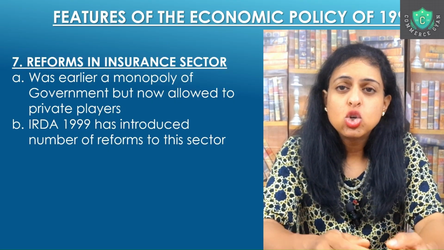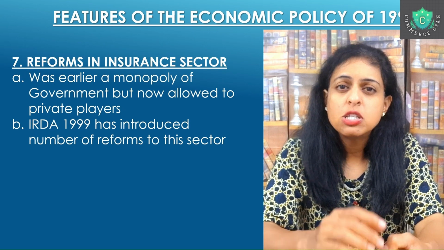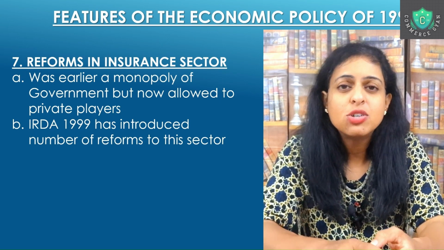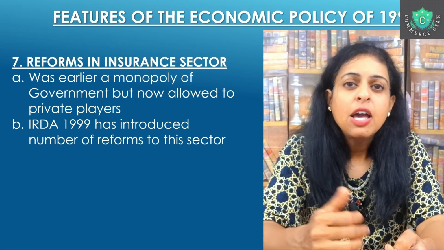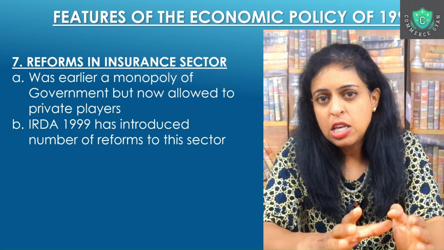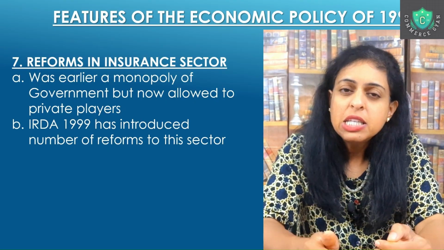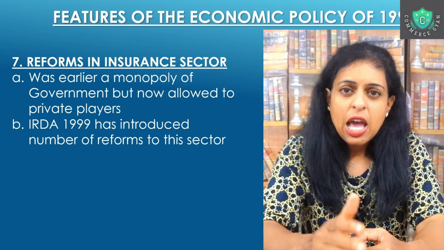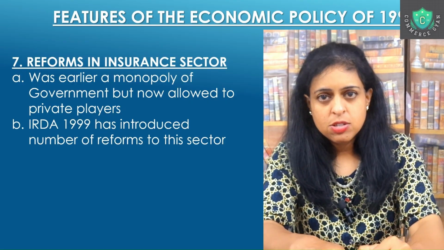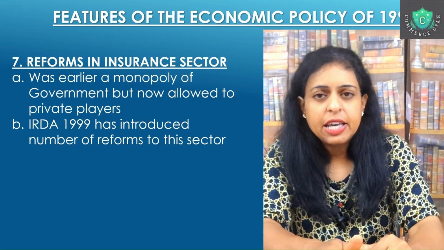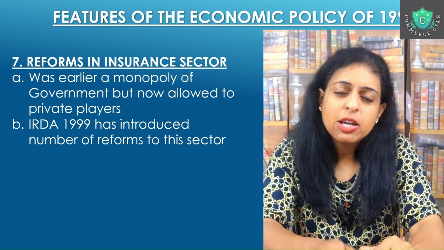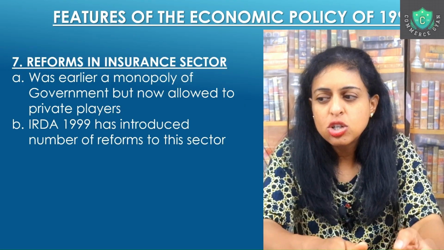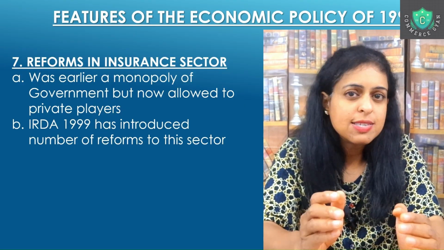For vehicle insurance, health insurance, life insurance, there are many private players, and even today we have a list of private players functional in India in the insurance industry. With this, people started getting the benefits of insurance cover and could protect their interests. Then IRDA, the Insurance Regulatory and Development Authority, was set up in 1999 and it introduced a number of reforms to this sector.